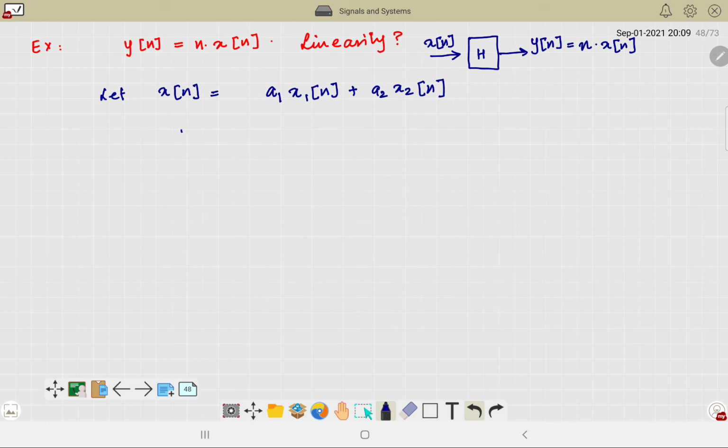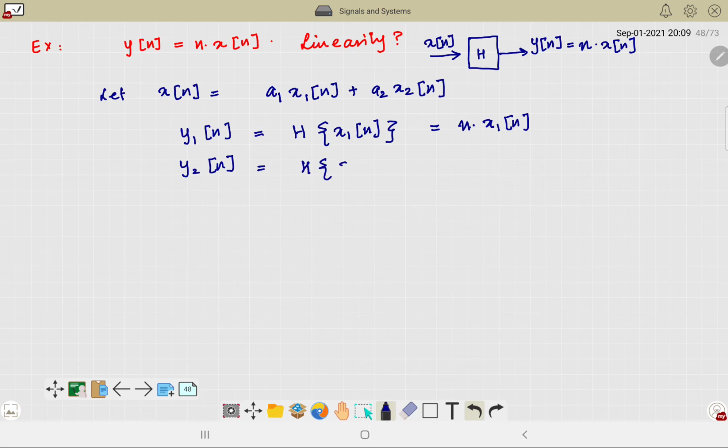Further, let me assume the individual responses: y1(n) is the individual response of this system to the signal x1(n), which will be n times x1(n), and y2(n) is the response of this system to the signal x2(n) taken separately, in isolation, which will be equivalent to n times x2(n).